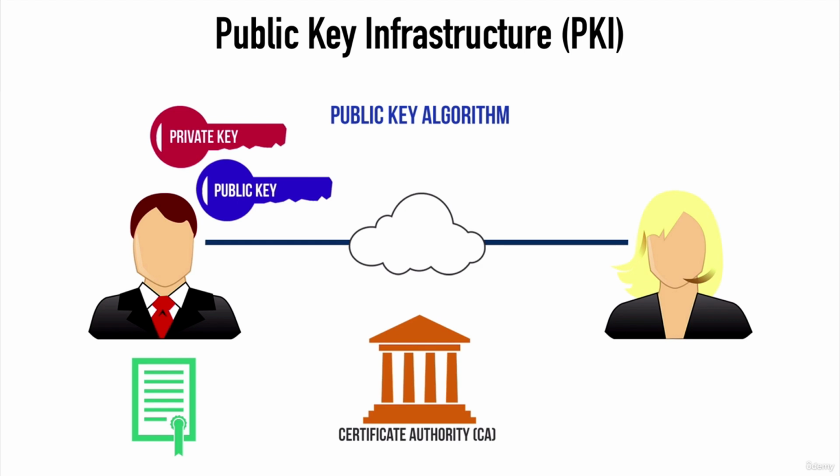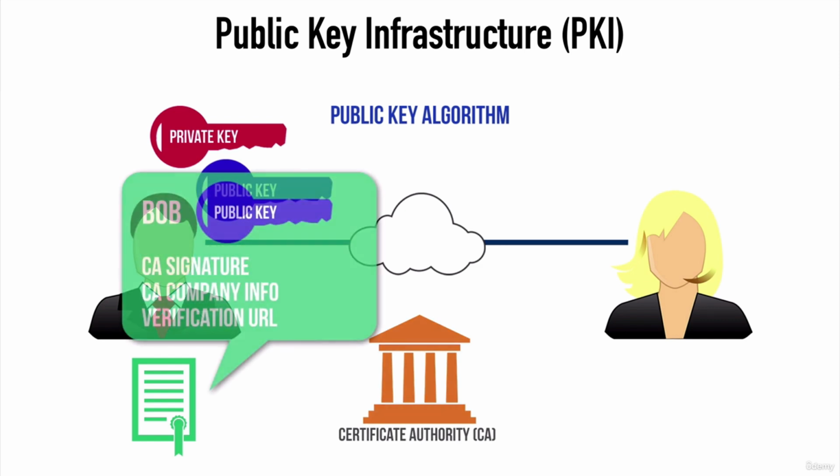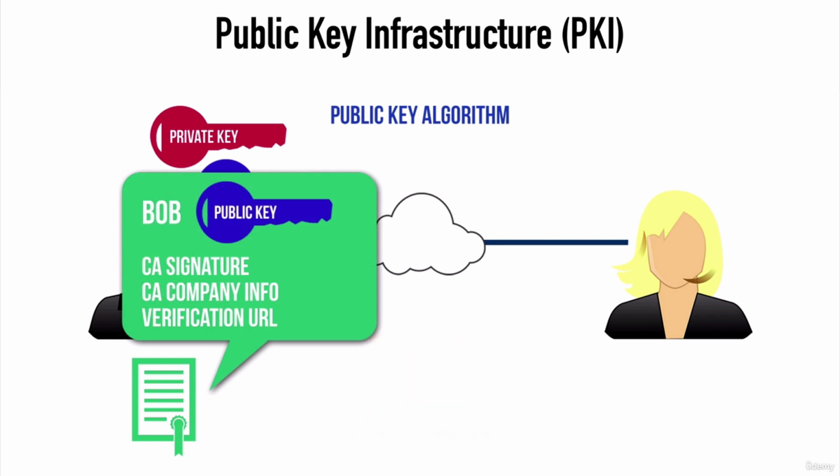What happens next is the CA will provide a digital certificate to Bob. Now, if we open Bob's certificate, we're going to see his public key inside, as well as perhaps some personal information about him. We will also see the certificate authority signature and company information, and some other information related to the CA itself.